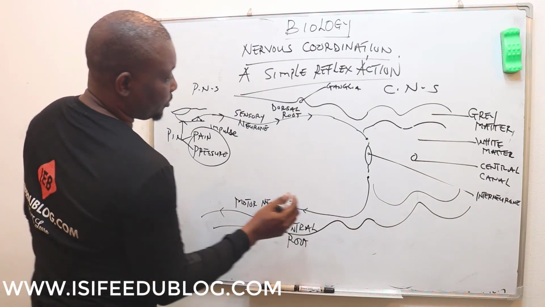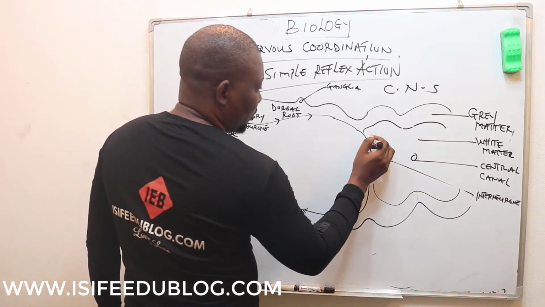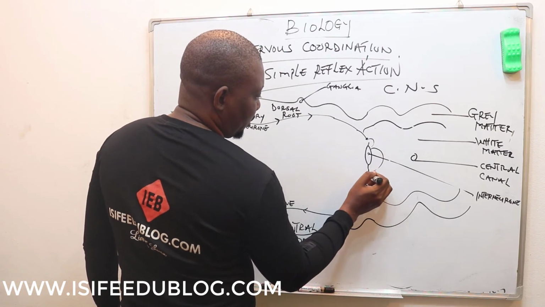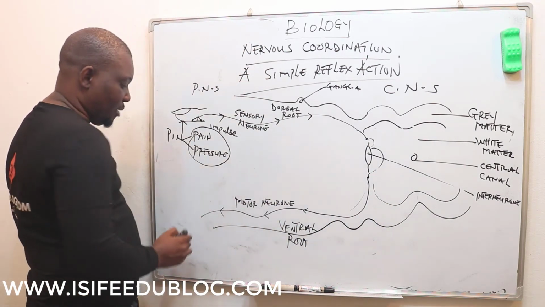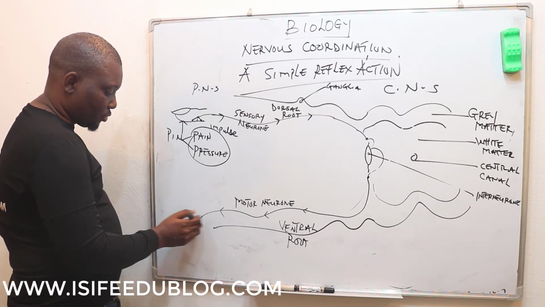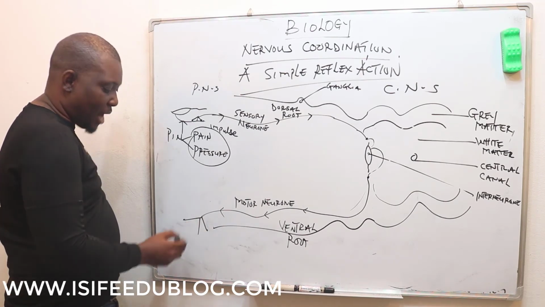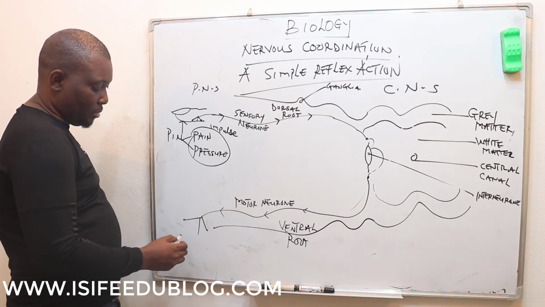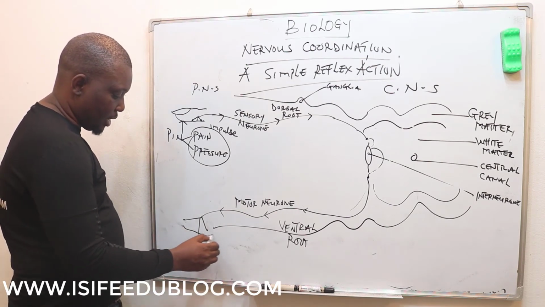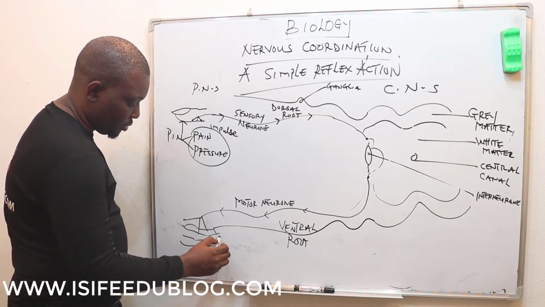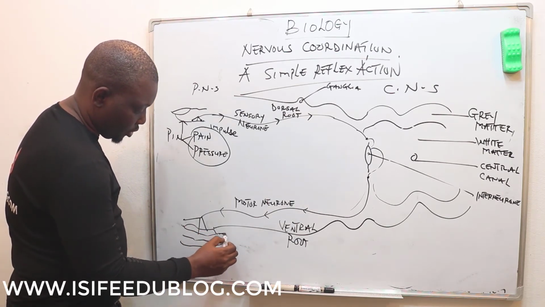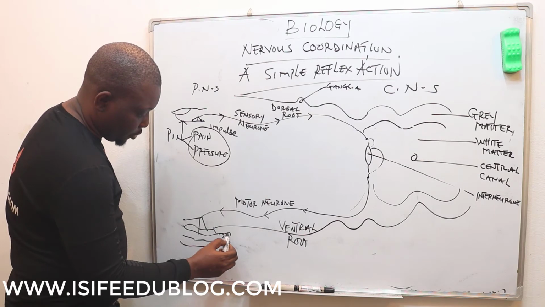So the motor neuron, once the impulses jump, this will connect the impulses to this one, it enters the motor neuron, which brings such impulses back to the muscles. Okay, look at the muscles here. Look at the bones.